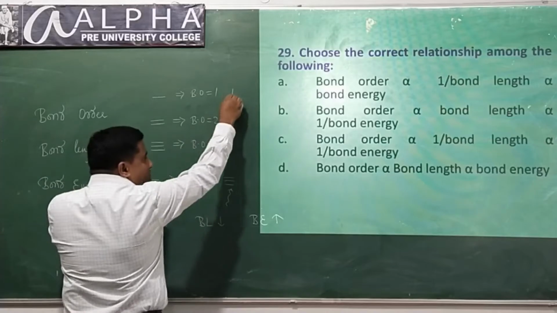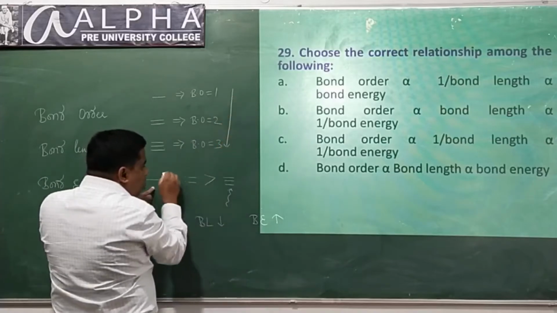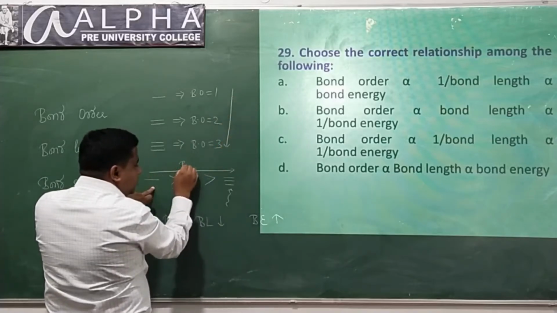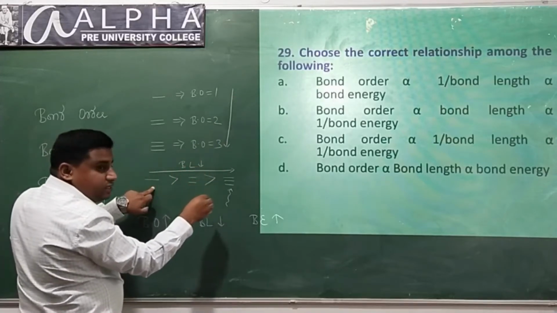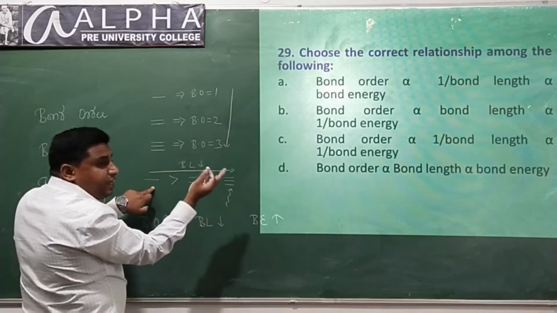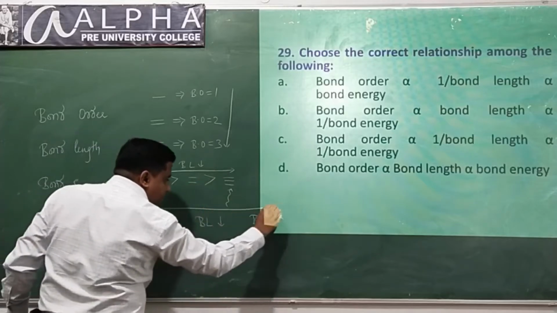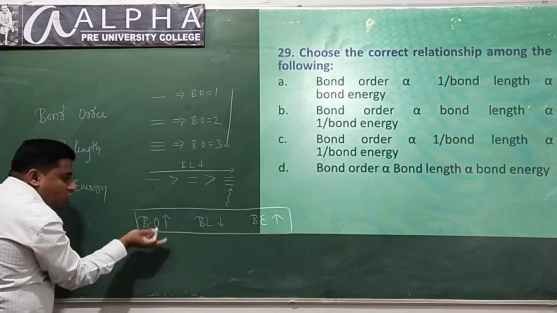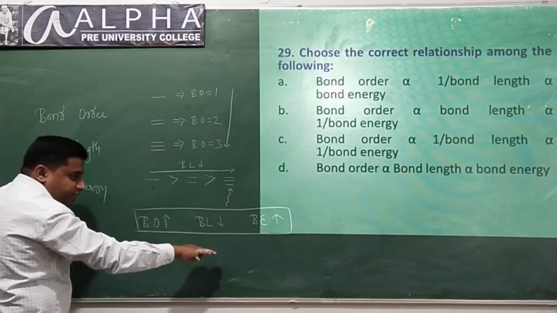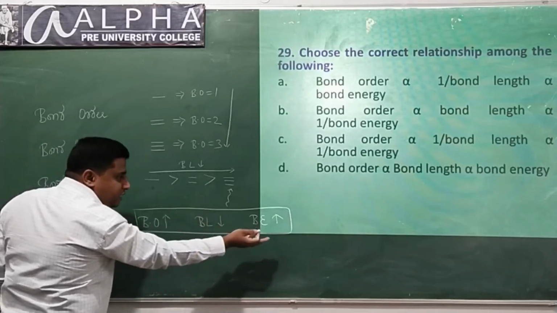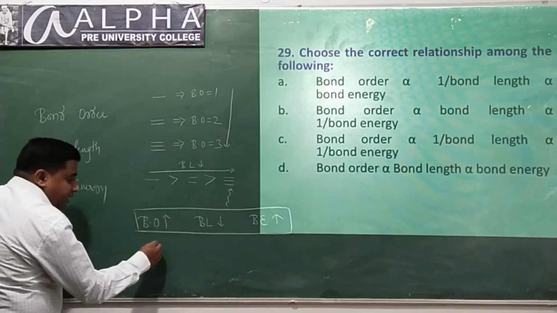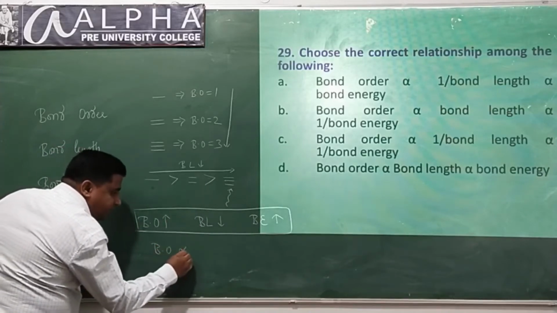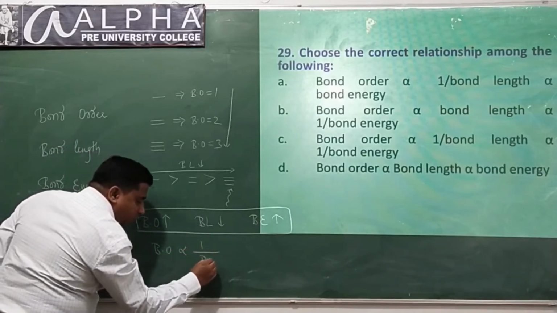If the bond order is increasing, the bond length is decreasing. If the bond length decreases, the bond energy increases. That is what I mean to say here. So what is the relationship between these three? Can I say bond order is inversely proportional to bond length?